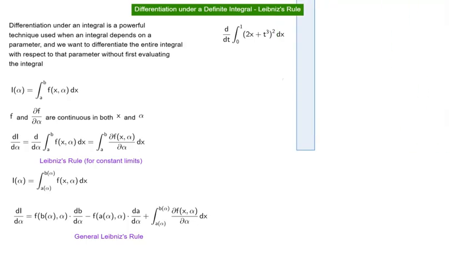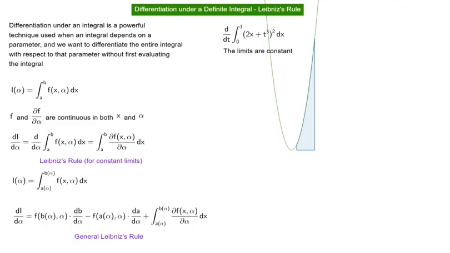I'm going from -5 to 5. So we want to arrive at the area under the curve. Okay, let's see how to proceed.